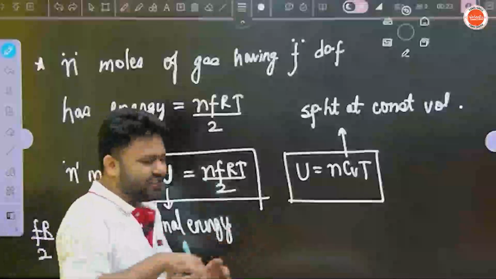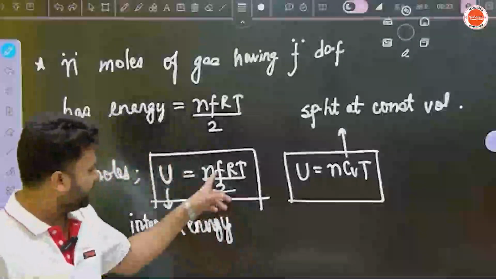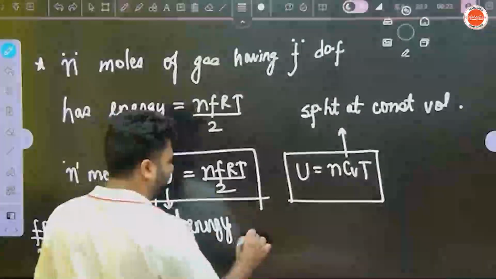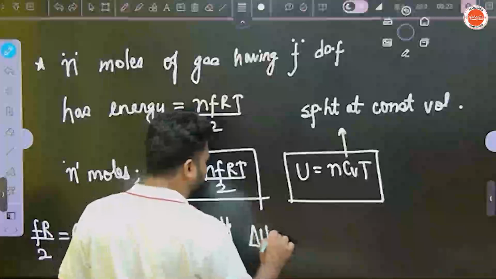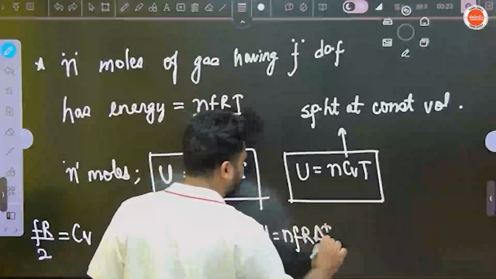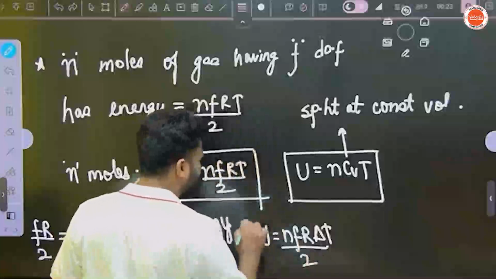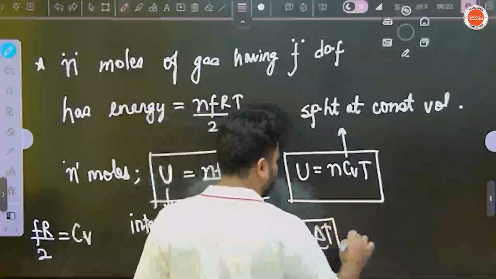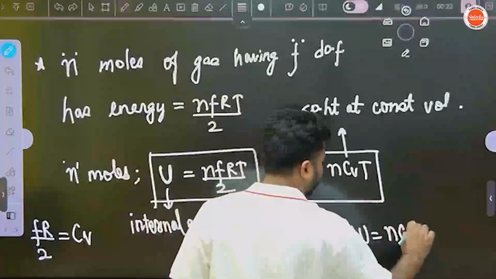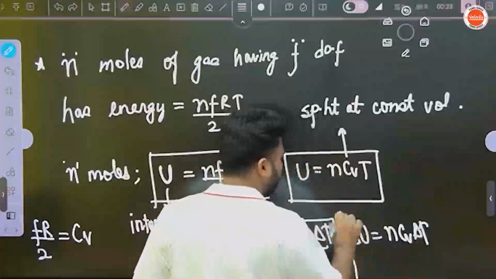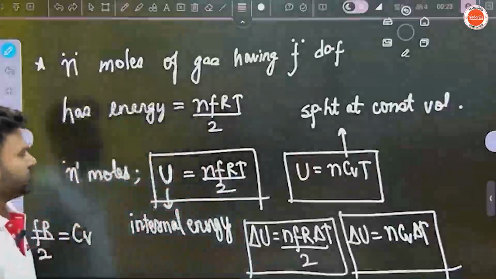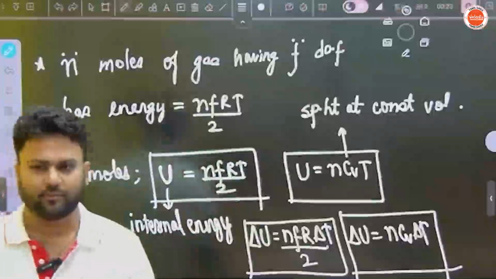If we change the temperature, the U value will also change. So if they ask what is the change in internal energy when we change the temperature, what will we write? n f R delta T by 2, or from here, n Cv delta T. Correct?